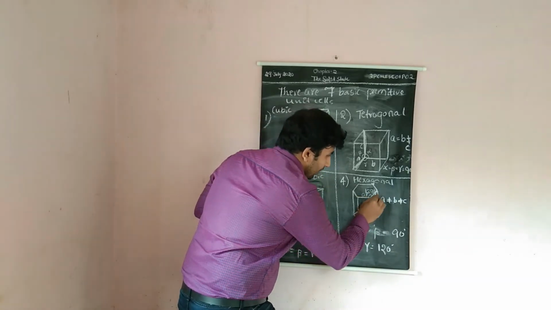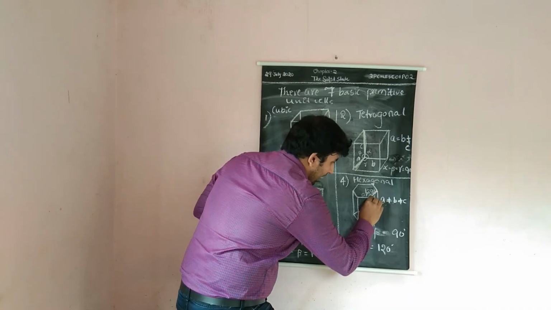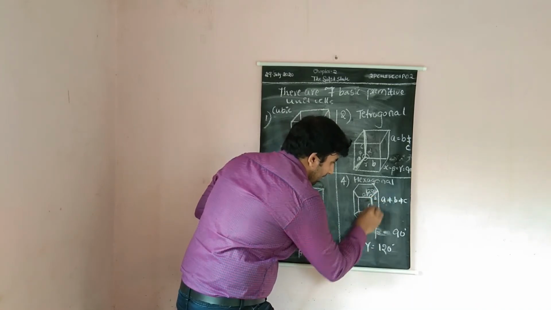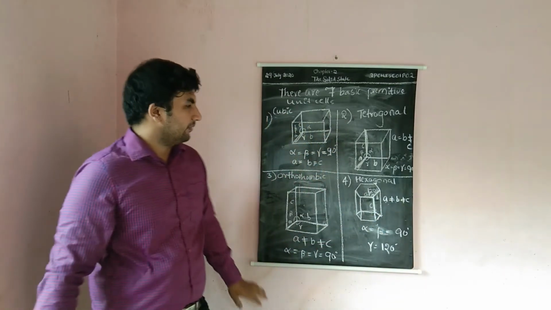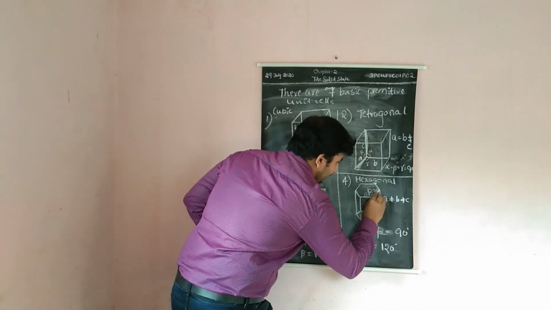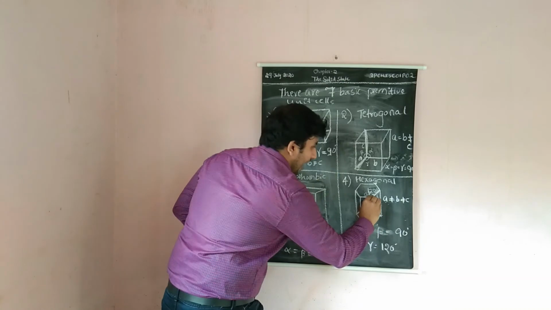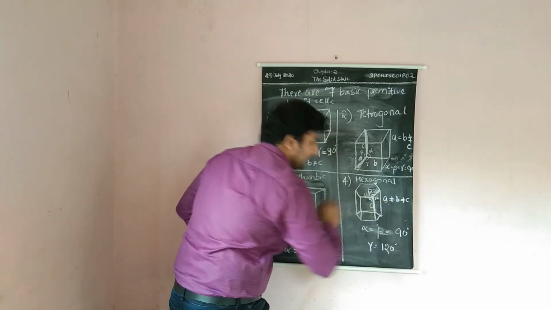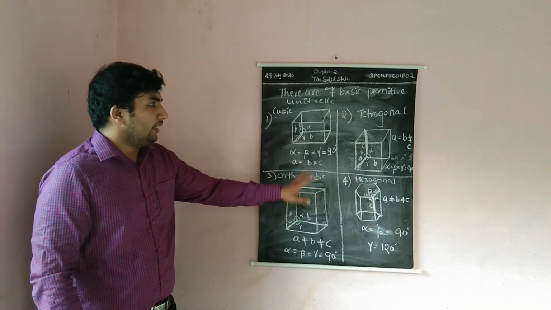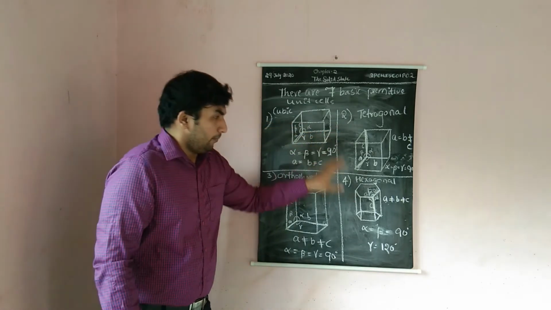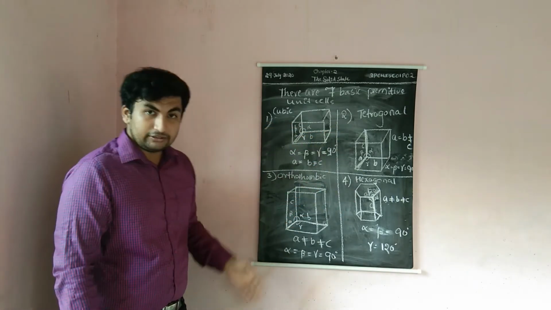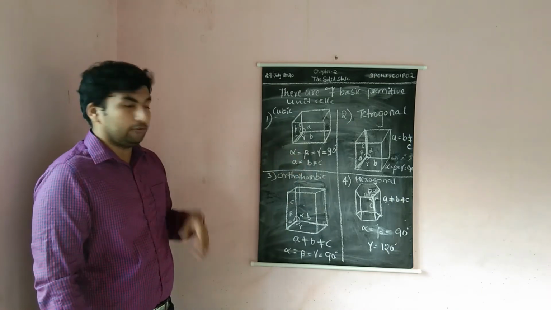But both alpha and beta are 90 degrees. These are the four primitive unit cells.